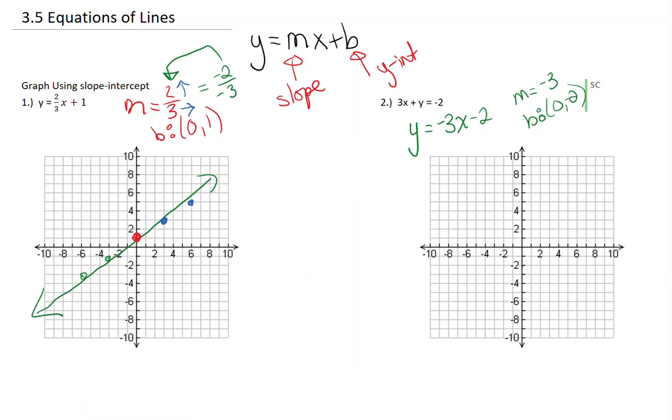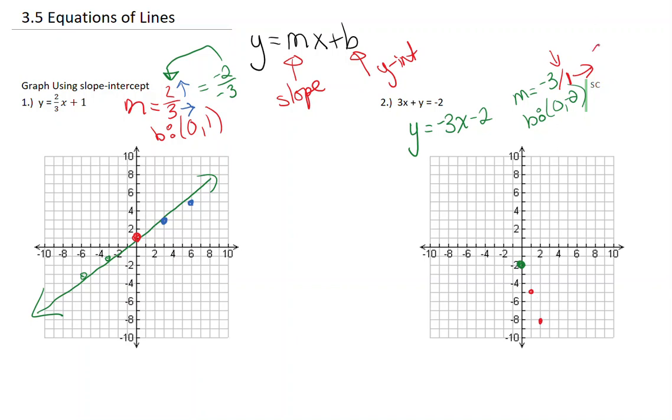When we put down the -2, I'm going to go back and make the slope a fraction. Anytime it's an integer, it's over 1. So the -3 means go down 3, but this is a positive 1, so it means go right. When we go to plot this, we go down 3 and right 1. Down 3, and right 1.